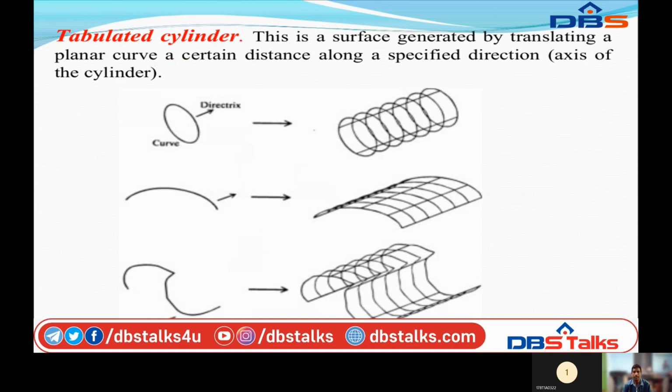Next, tabulated cylinder. Tabulated cylinder means we are taking curves, lines, circles, etc. These surfaces are generated by translating curves, lines, circles, arcs, etc. First of all, I am taking a curve with a directrix.